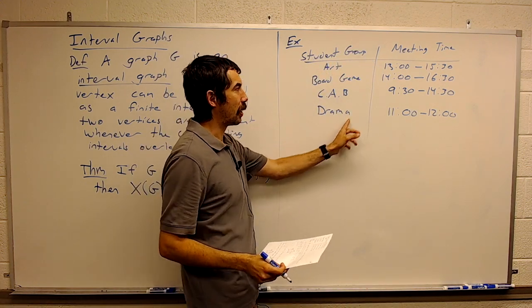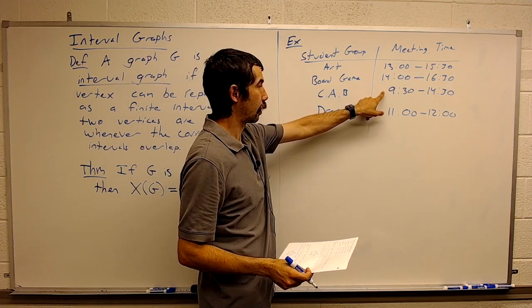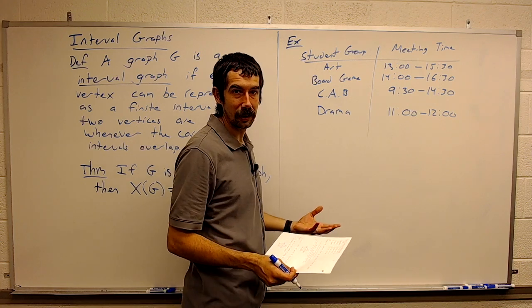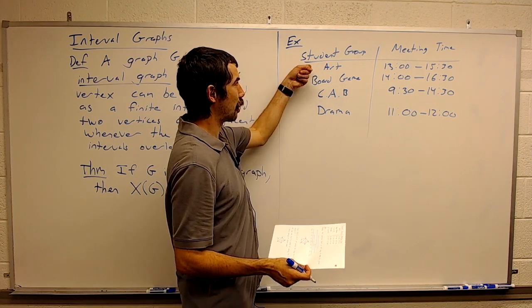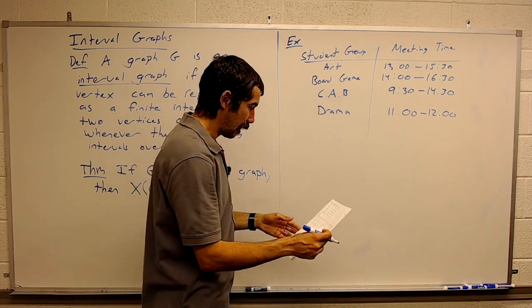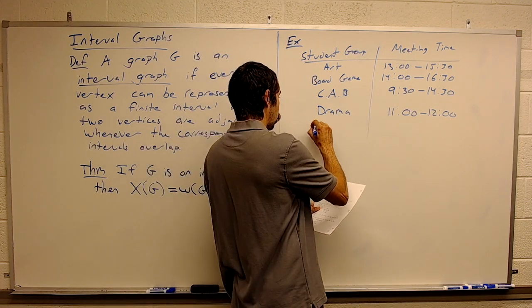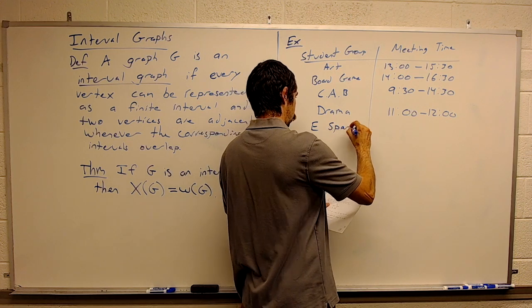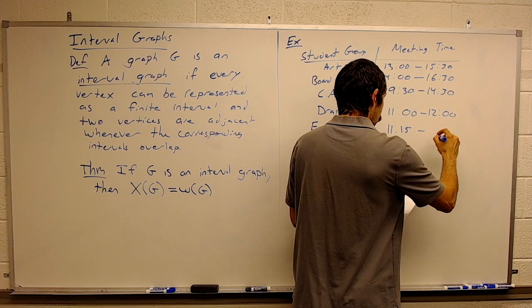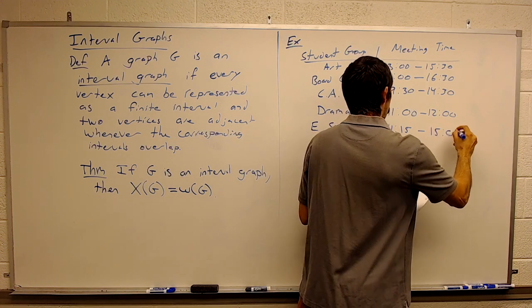So notice drama intersects with campus activities, but it doesn't overlap with the other ones. So drama could be in the same classroom as art, or it could be in the same classroom as board games. All right? And then finally, esports. They want to meet from 11:15 to 3 o'clock.